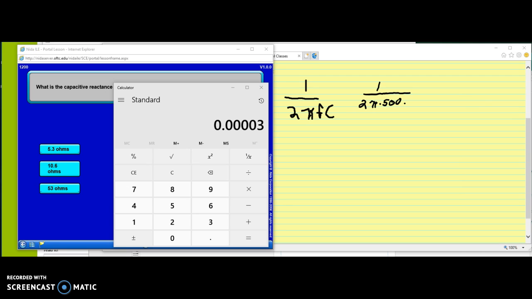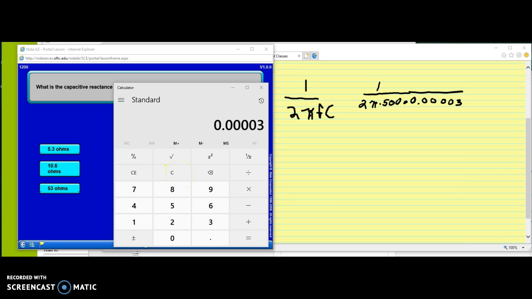So this is just a placeholder 0, 1, 2, 3, 4, and then our 3. So that's our math right here. 2 times pi times 500 times 0.00003.